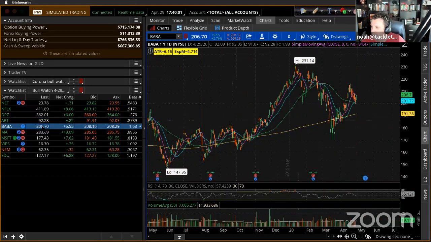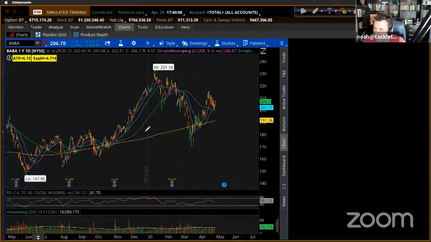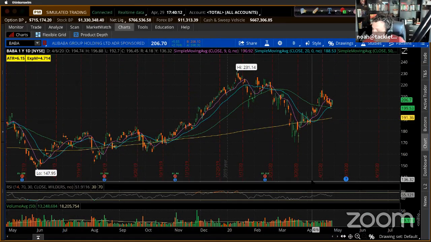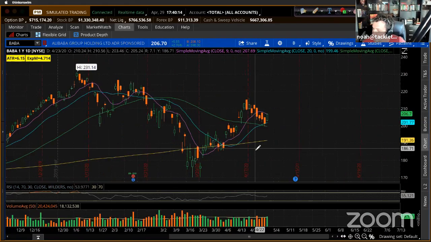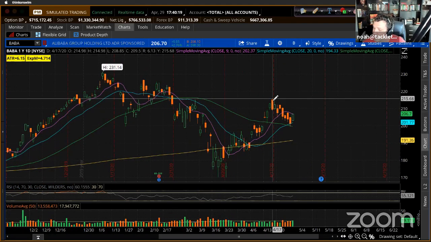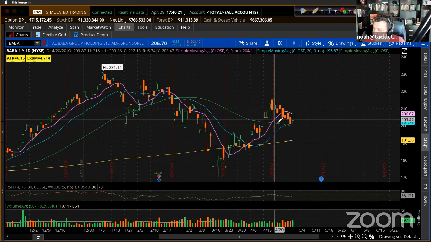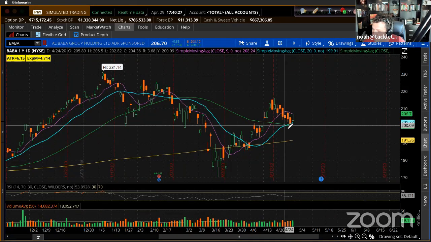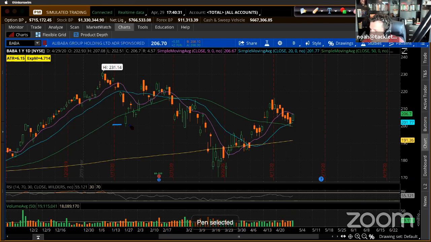Okay, BABA. I know some of you are obviously familiar with BABA, the Alibaba Group. This is your Asian Amazon, right? You got a nice breakout to a recent high, cleared all the moving averages, pulled back down below the 9, but it's hitting that rising 20 and the 50 period moving average and the old support resistance zone.